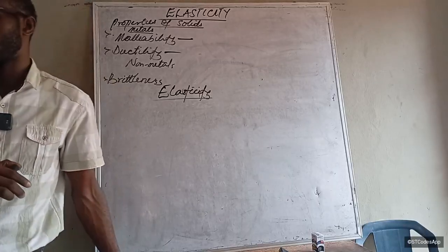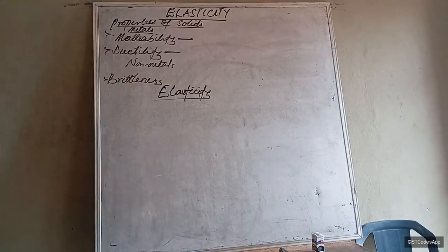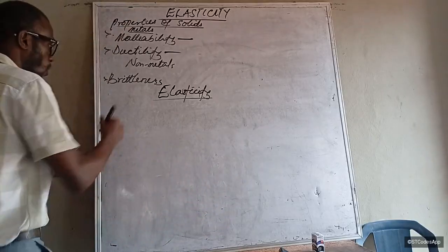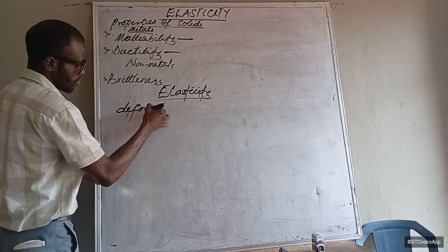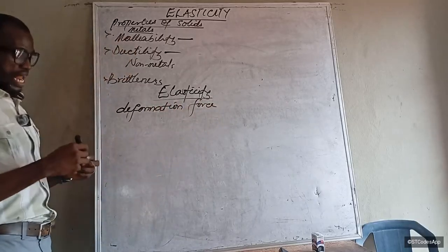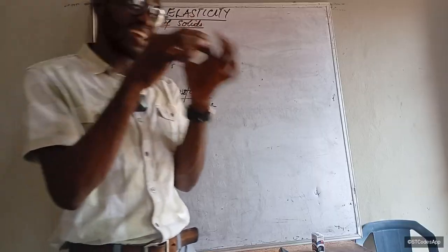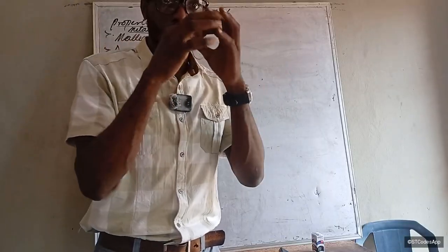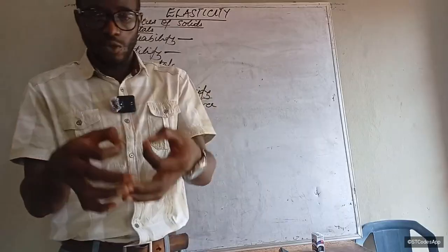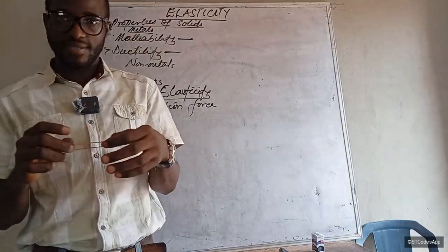By a force. Who has a rubber band here? Deformed by a force. It has undergone deformation under a force. Now, an elastic material is able to return to its position when you deform it. So look at the original state of this thing. The original length of this is like this.